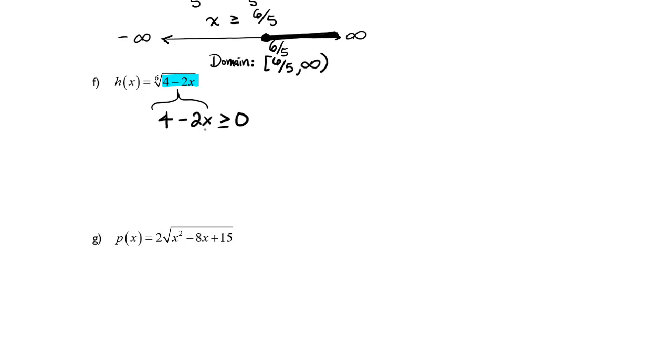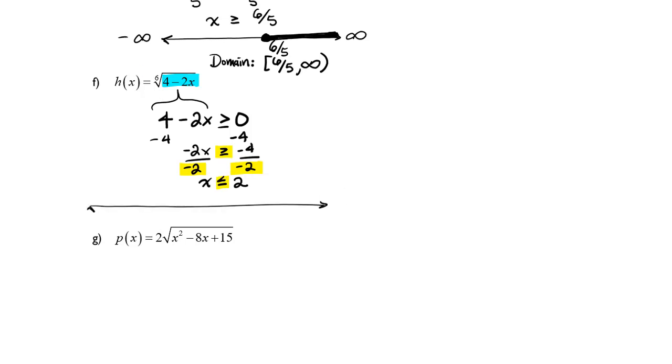Then solving this inequality for x, I'll subtract 4 from both sides. Divide by -2 on both sides. And x will be less than or equal to 2. Notice that when I divide or multiply by a negative number, I have to remember to flip my inequality over.